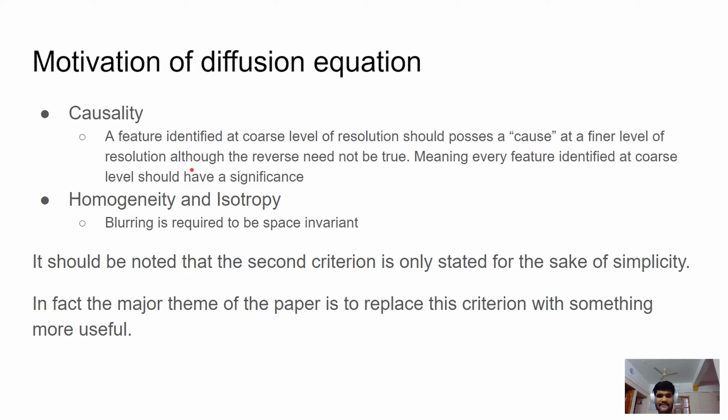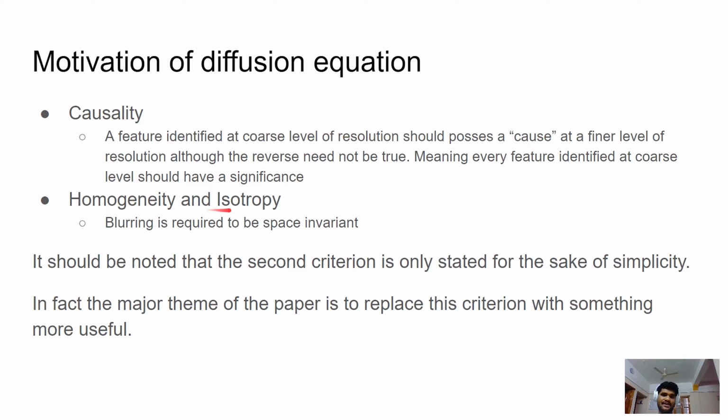But having a cause at finer level of resolution need not be present in coarse level of resolution, which means if at a finer level of resolution, in the past, there is any cause, that need not be present in the future, but anything present in the future should contain a cause, meaning it should have some significance for us. So that is what causality means.